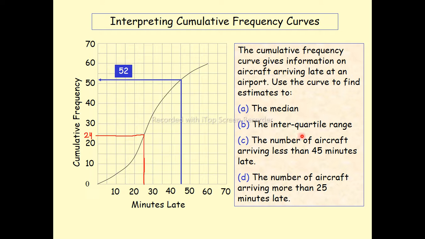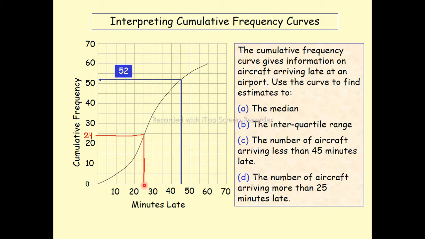The number of aircraft arriving less than 45 minutes. Good. So what would 24 tell us? The number of aircraft arriving less than 25 minutes, exactly. So there are 24 aircraft that are going to arrive less than 25 minutes.